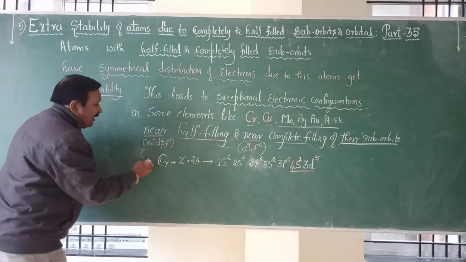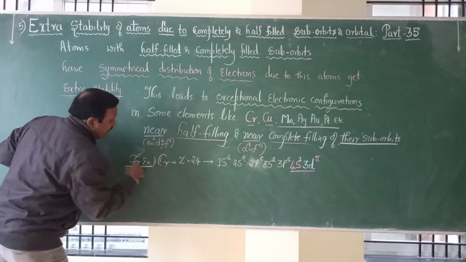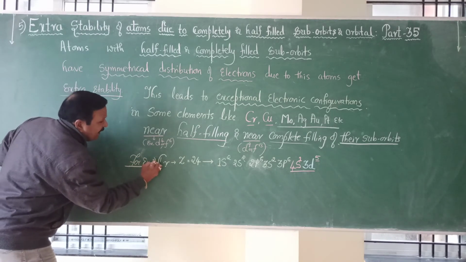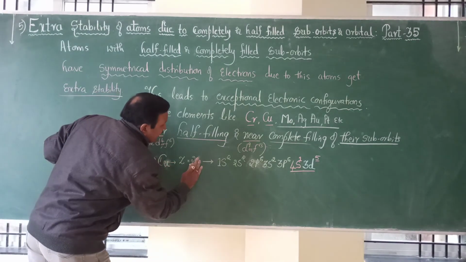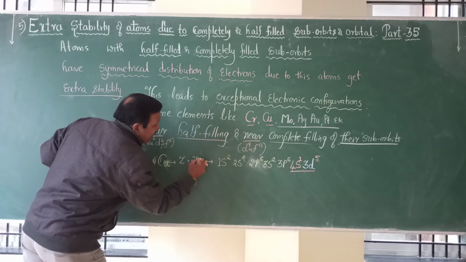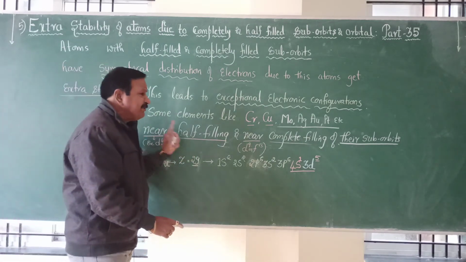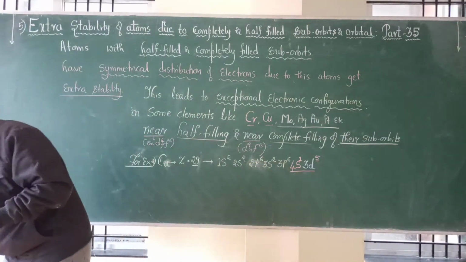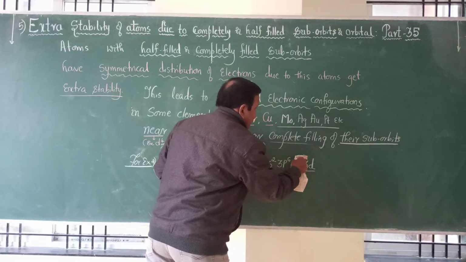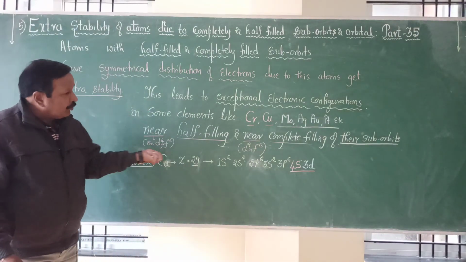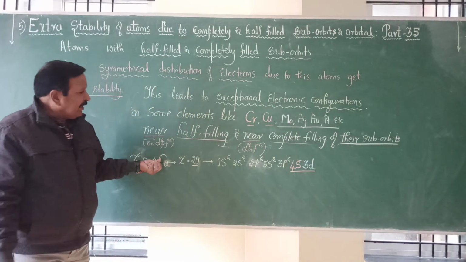And if you want a second example, take copper. Atomic number is 29. The same configuration continues up to 18, no problem: 1s2, 2s2, and so on, 18 electrons. Now how many electrons do we still have to fill? 11 electrons.